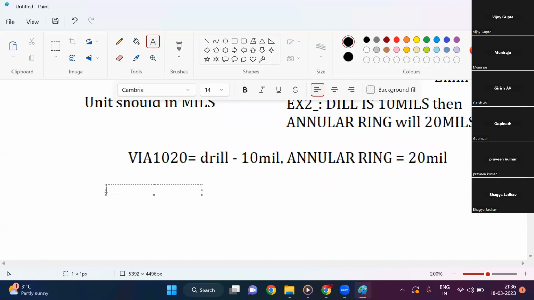First I am telling what we are using for the PCBs.